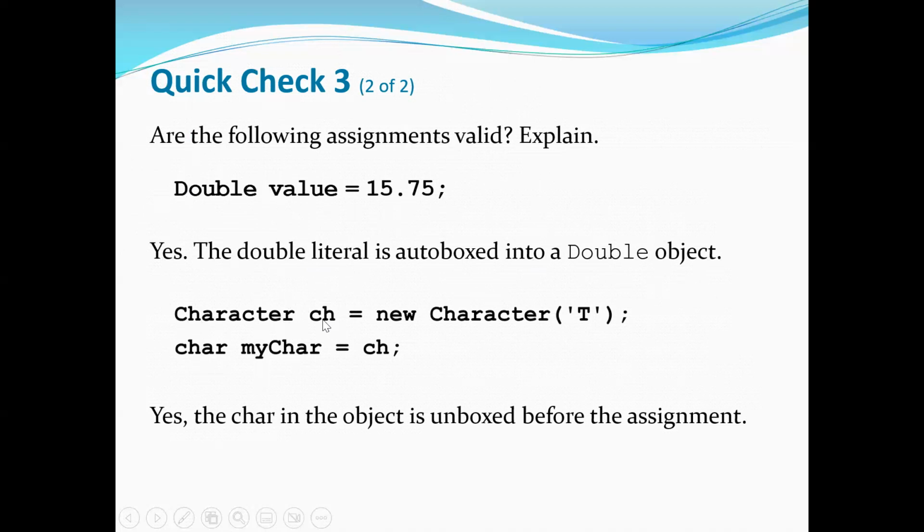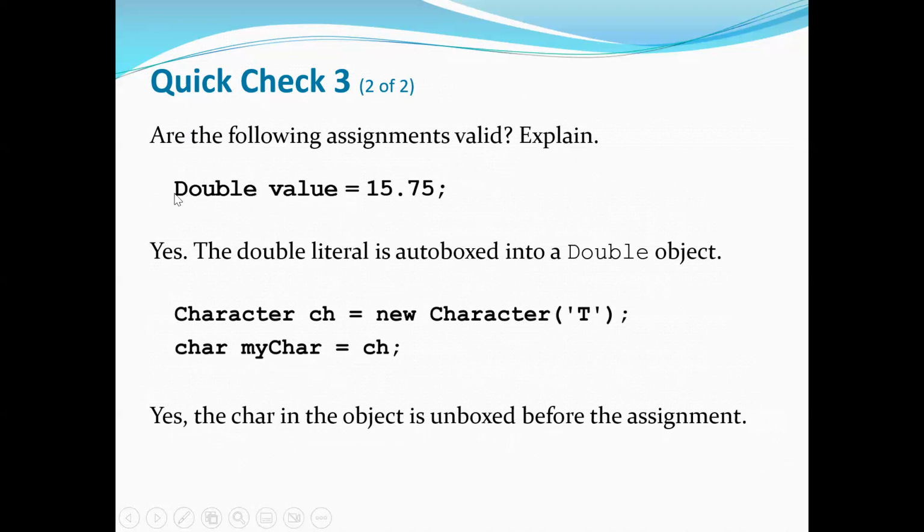We have Character ch equals new Character. So now this ch is an object using the wrapper class, but we convert it to primitive. So here we say the char is an object, unboxing before assignment. The first is going to an object, so we'll call this autoboxing.